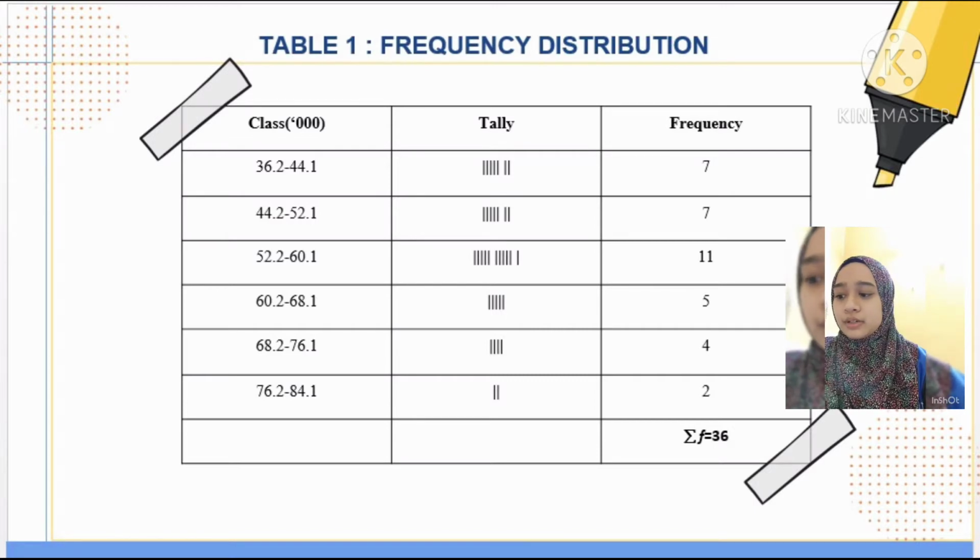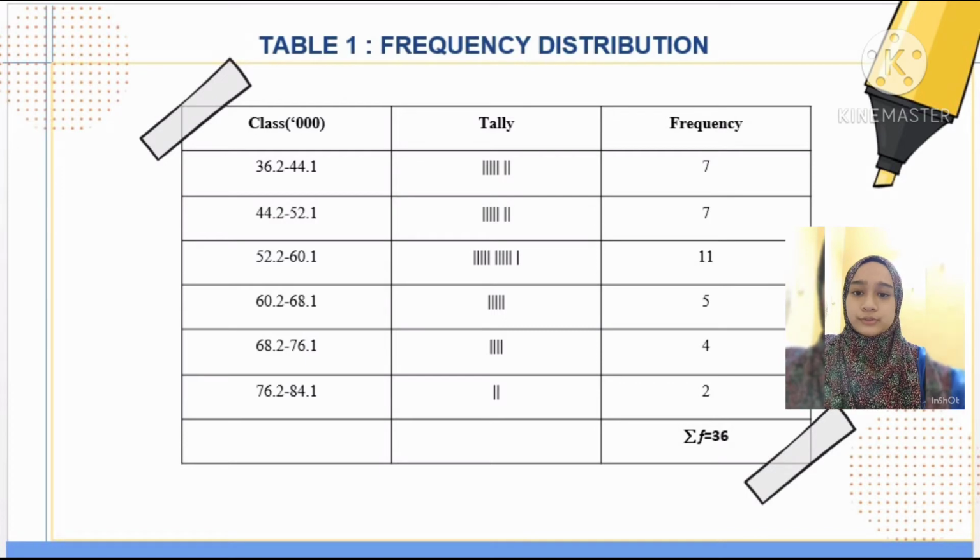The upper limit of the first class is 44.1, which is 1 less than the lower limit of the second class, and so on. For example, 36.2 plus 8 equals 44.2. 44.2 plus 8 equals 52.2.